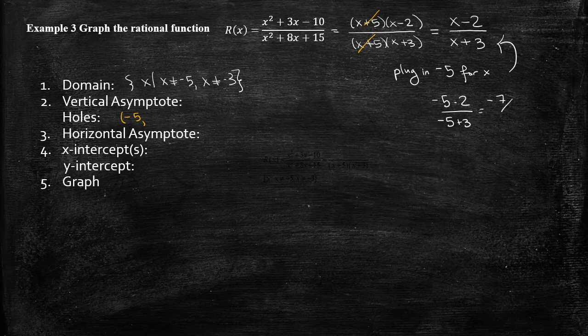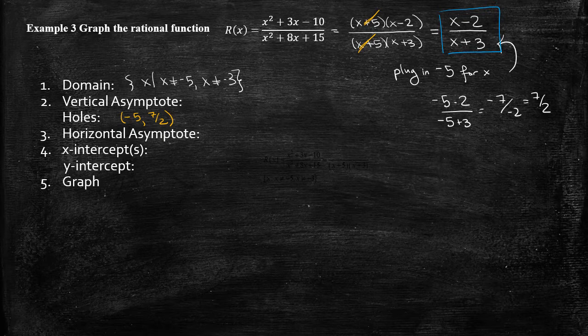So negative 7 over negative 2, so positive 7/2. So the hole is at negative 5, 7/2. Okay, so again, we have a hole in the graph because the x plus 5's canceled. To figure out the y value of the hole, plug in negative 5 into our expression that's in lowest terms, so in this case, x minus 2 over x plus 3.